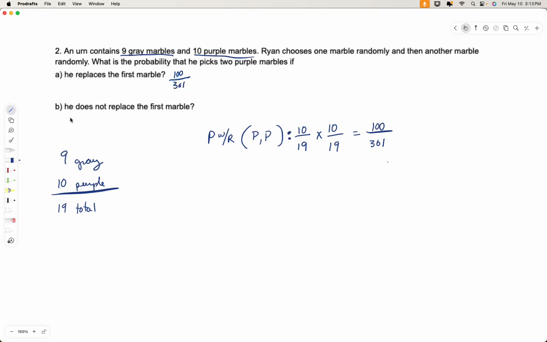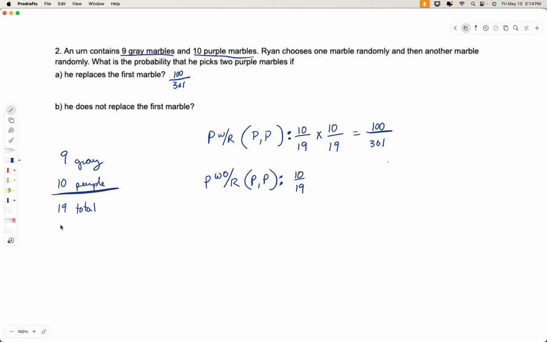The second one says he does not replace the first marble. So that is probability without replacement for purple, purple. Okay, so the first draw is going to be the same, 10 over 19, because the quantities remain the same.